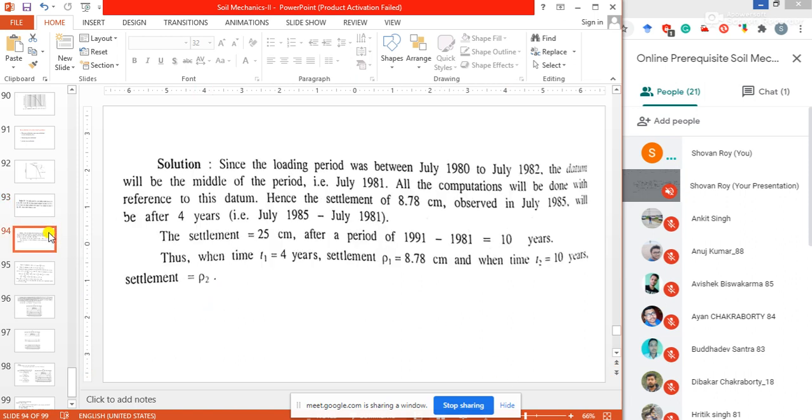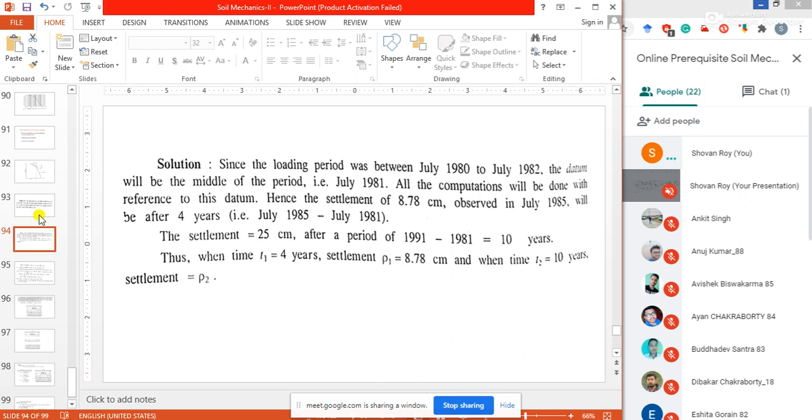Okay. If we go to the solution, since the loading period was between July 1980 to July 1982, the datum will be the middle of the period, that is July 1981. All the computations will be done with reference to this datum.